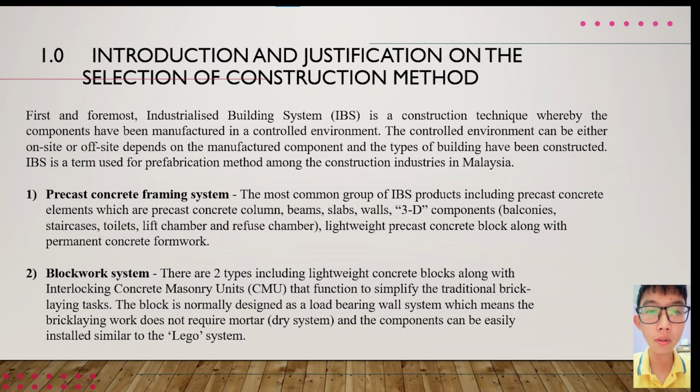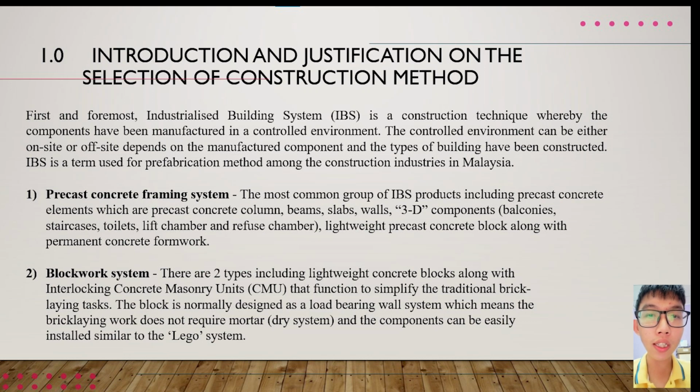My name is To Ikwang and my metric number is DF190161. Today I want to present about the introduction and justification on the selection of construction method for our group final project.